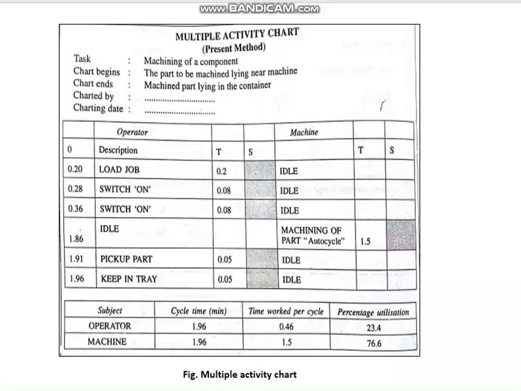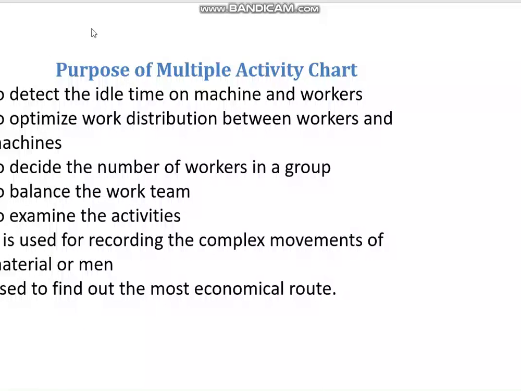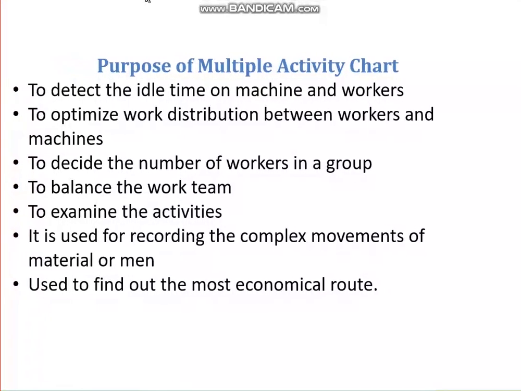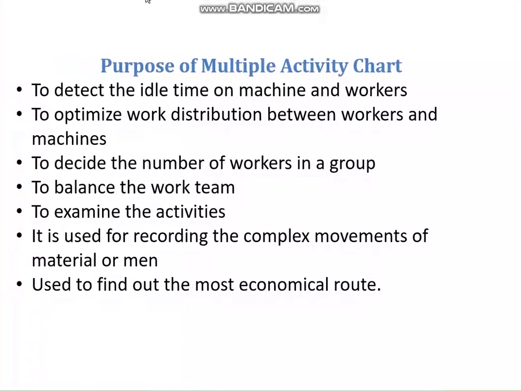Coming to the next thing, now we will see what is the purpose of the multiple activity chart. Multiple activity chart is used for detecting the idle time. It can be of the machine's idle time or the worker's idle time. Another purpose is to optimize the work distribution between workers and the machines.